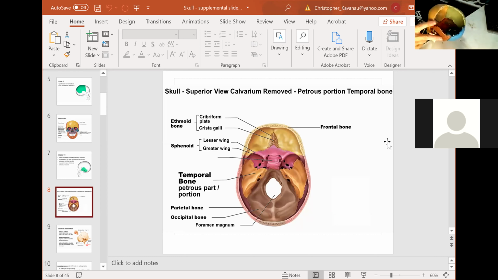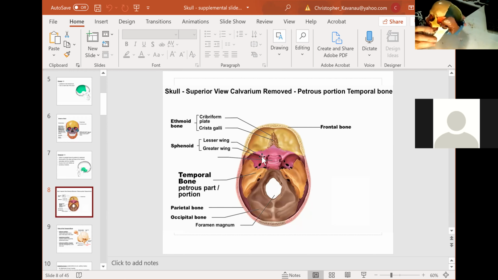I just removed one parietal bone so we can look inside. But here in the PowerPoint, we're looking at what we would call a decalvarated skull because we have removed the calvarium. And so it allows us to peer inside, and we can see that the temporal bone that we just looked at exteriorly from a lateral position is also visible inside the skull.